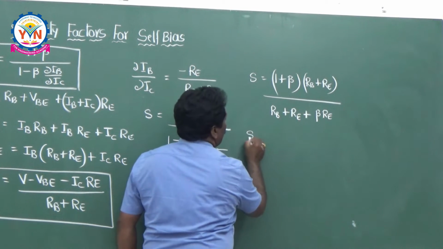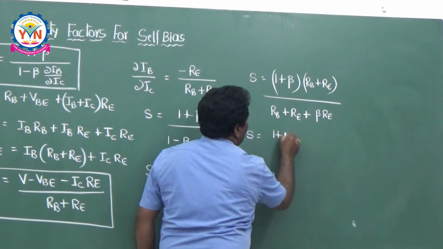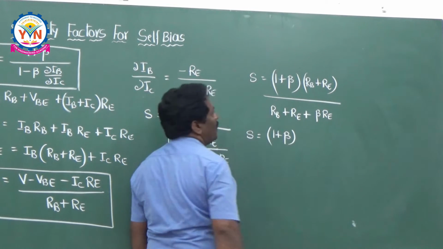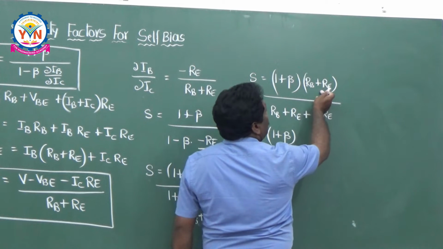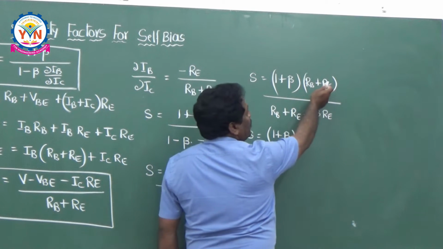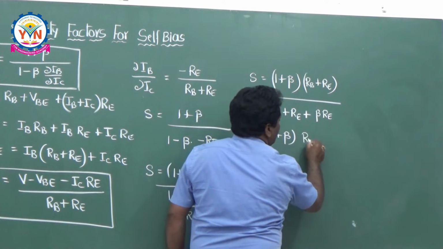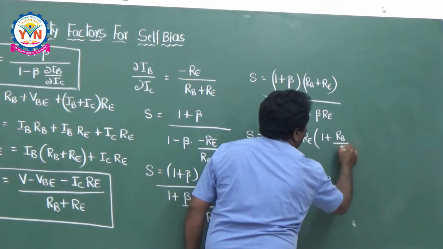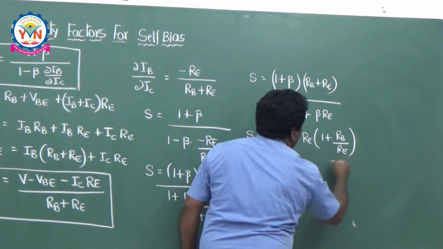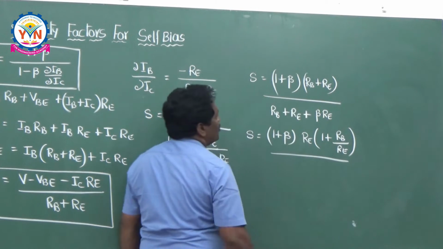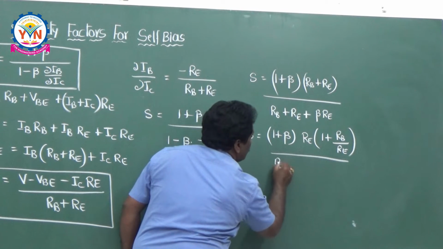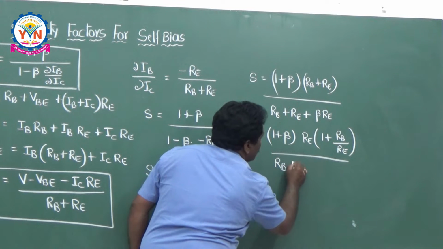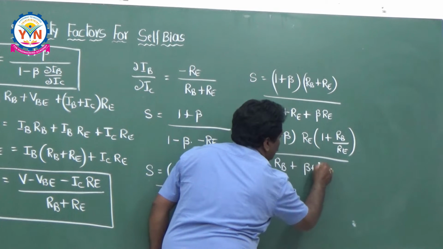Therefore, your stability factor S is equal to 1 plus beta into, I would like to take RE as common. Therefore, RE into 1 plus RB by RE, divided by RB plus beta plus 1 times RE.